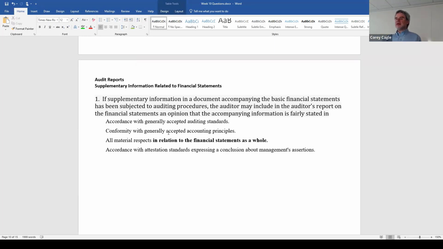What we're going to be saying is they are fairly stated in all material respects in relation to the financial statements, which we have audited, and those are fairly presented in accordance with GAAP, right? So it kind of gives us the language they would use. And it's not in accordance with attestation standards either. That's wrong the same way A is wrong.